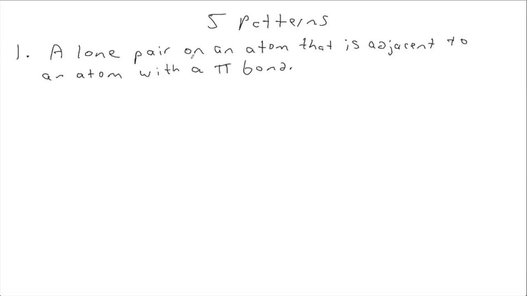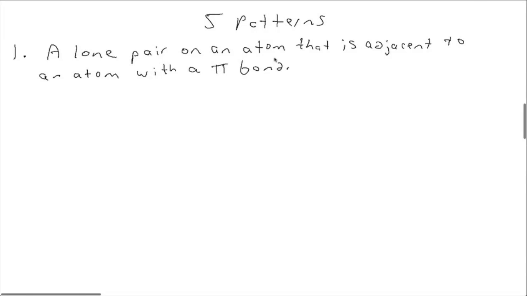So here's our first pattern. A lone pair on an atom that is adjacent to an atom with a pi bond. Tell me when you have that down.